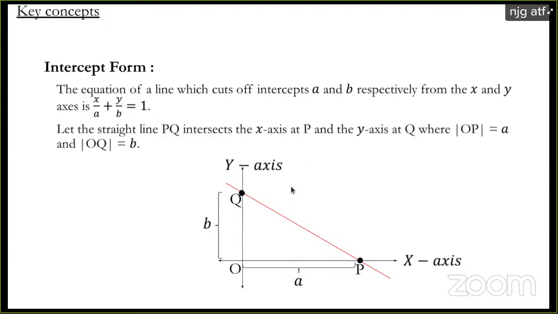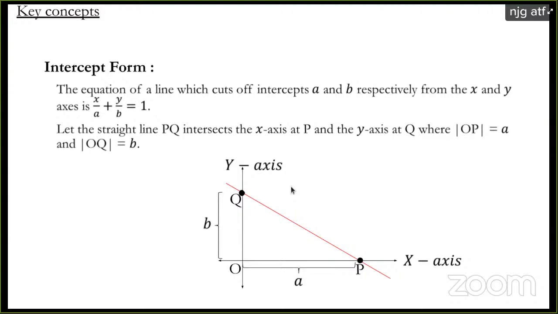So if you see in the diagram, the red line cuts the x-axis at point P, and the distance from origin to the point P is a. So my x-intercept will be a. In the same way, that red line cuts the y-axis at point Q, and the distance from origin to Q is b.